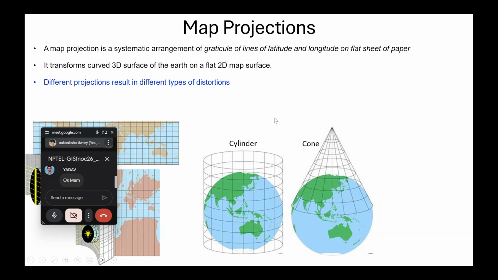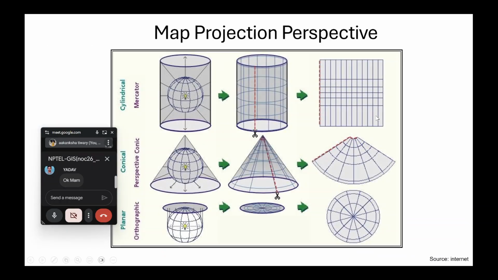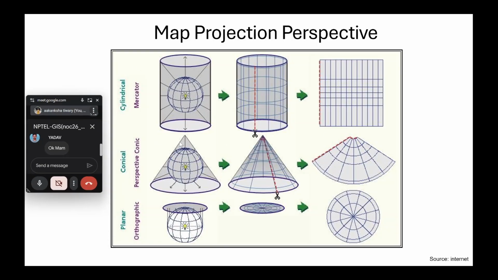Then we can also have a conical projection. So here it will project as a cone. Okay, and then we also have planar projection. Planar projections are very good at representing the polar areas, you can see. So now we'll see how these kinds of maps look.